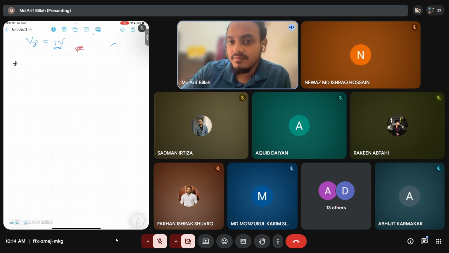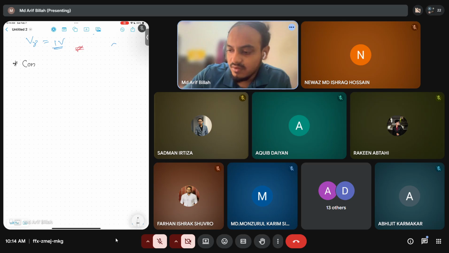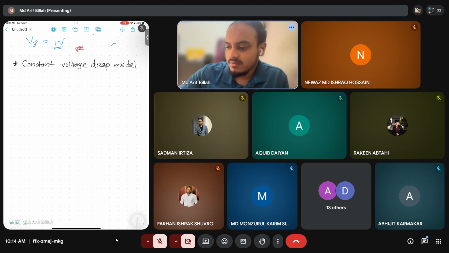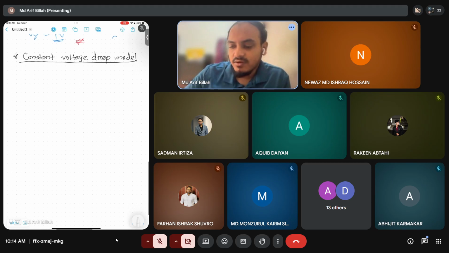Now, if we don't have the graph, তখন কি করব? Then we have a constant voltage drop model. Constant voltage drop মডেলটা কি বলতেছে?